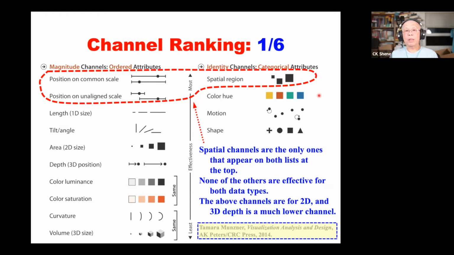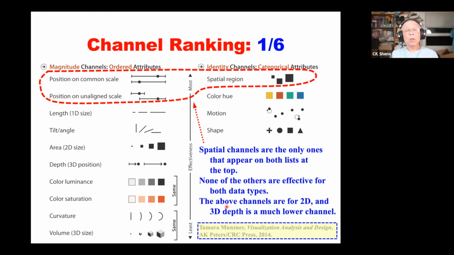So as you can see, the topmost effective channels are positions, and well, you can also say position on common scale. Spatial region is also a position. So spatial channels are the only ones that appear on both lists at the top. None of the others are effective for both data types. The above channels are for 2D, and 3D depth is a much lower channel.